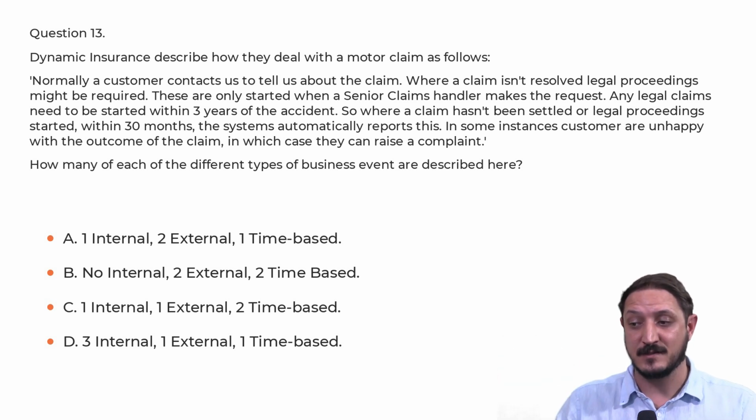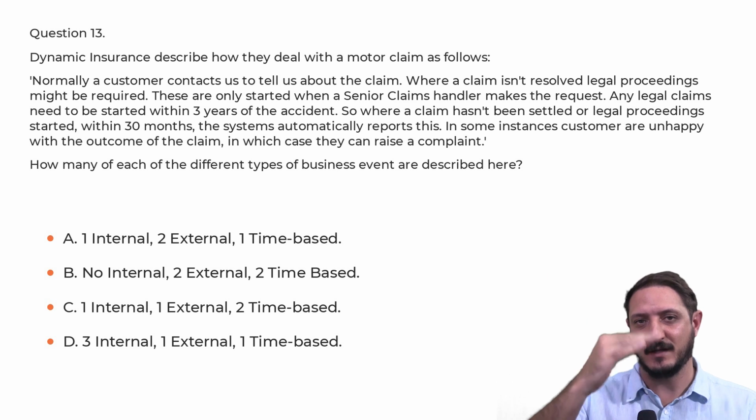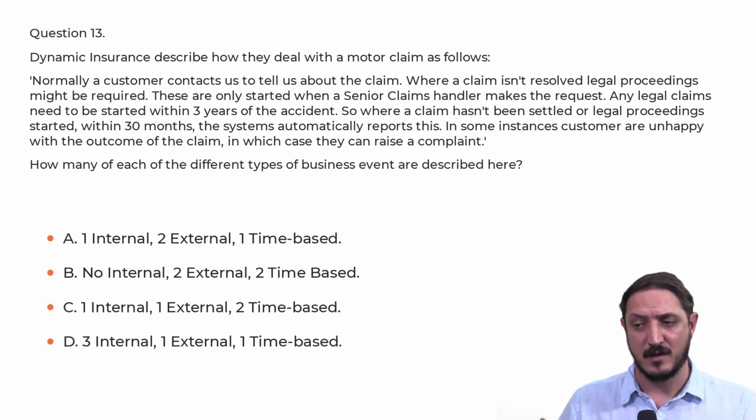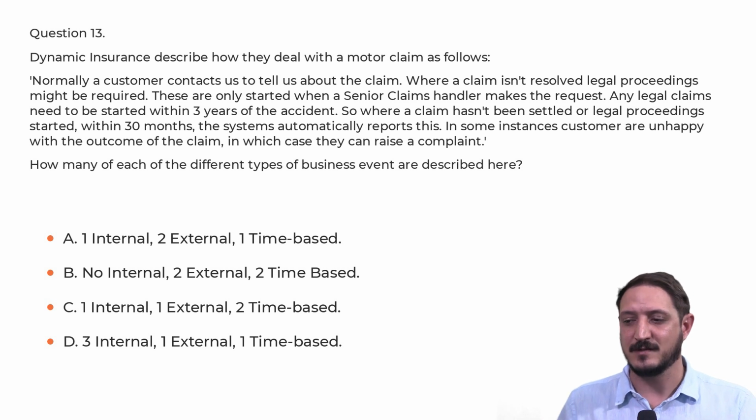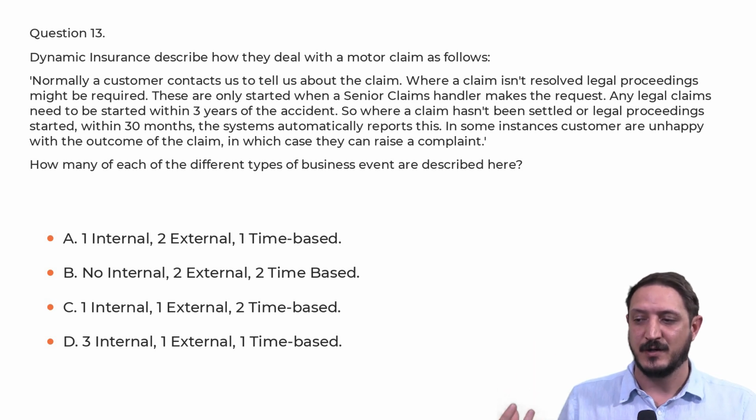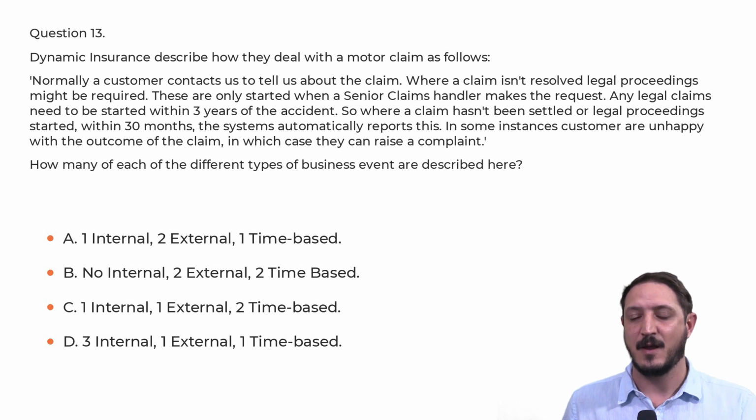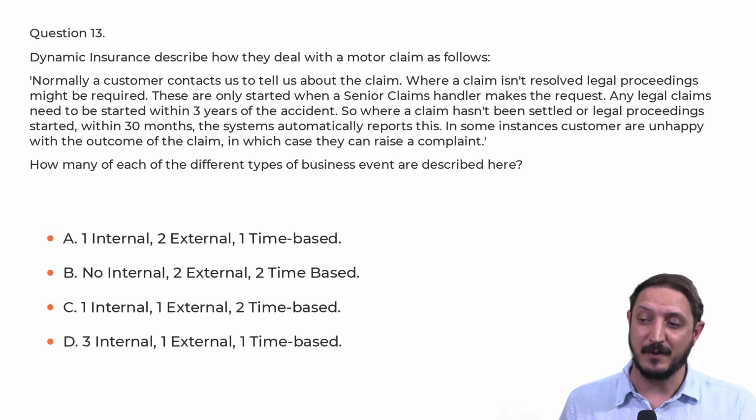And what happens is what was described in the statement below. It was talking about legal proceedings. So that's actually what happens. So the request here is now, we understand what this business event is, this trigger in the process. But is it internal, is it external, or is it time-bound?